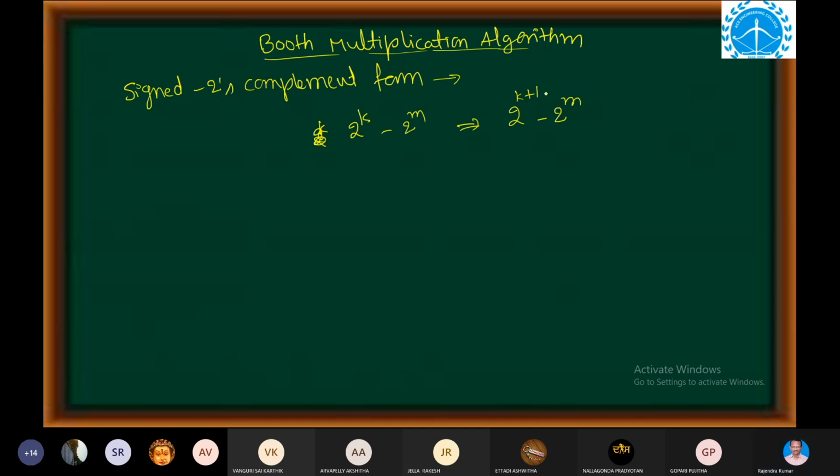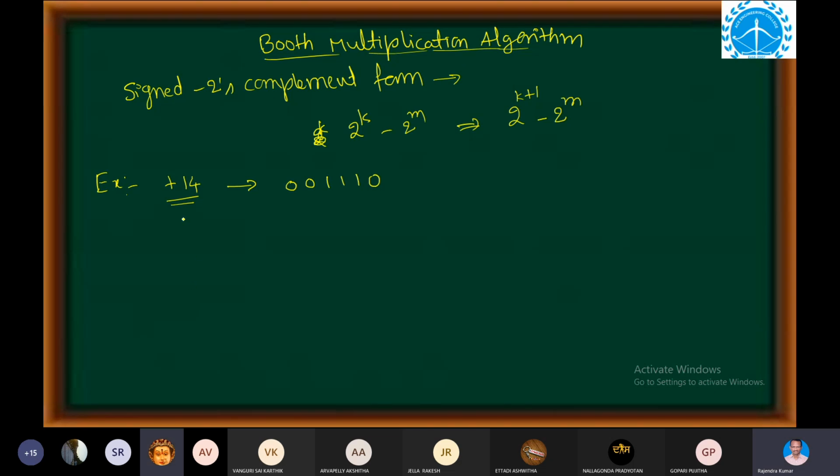See, for example, how can we represent 14? The binary form. We can represent 14 as 1110. Is it right? Yes.